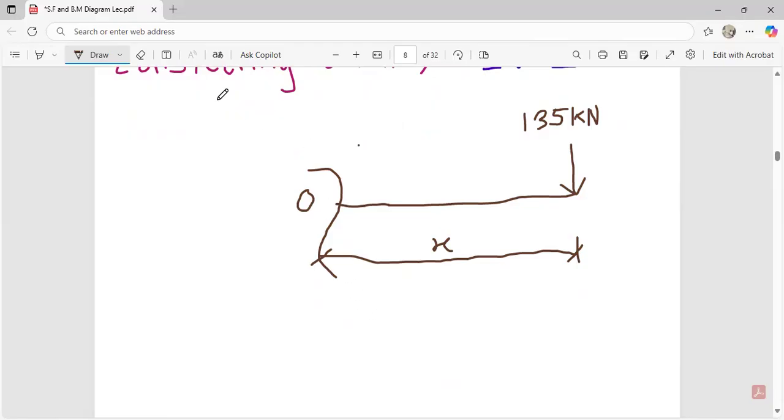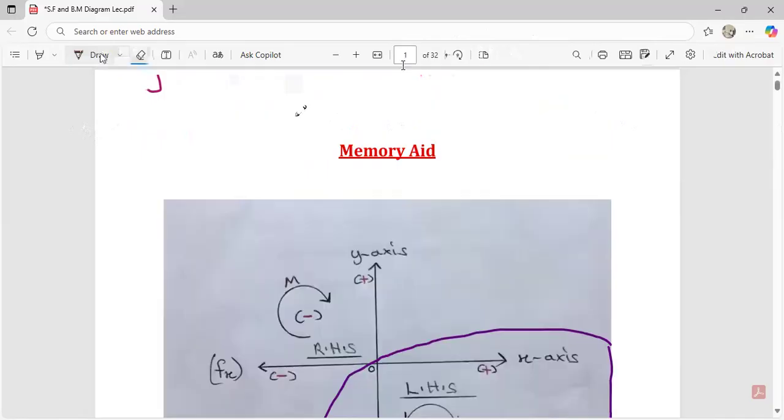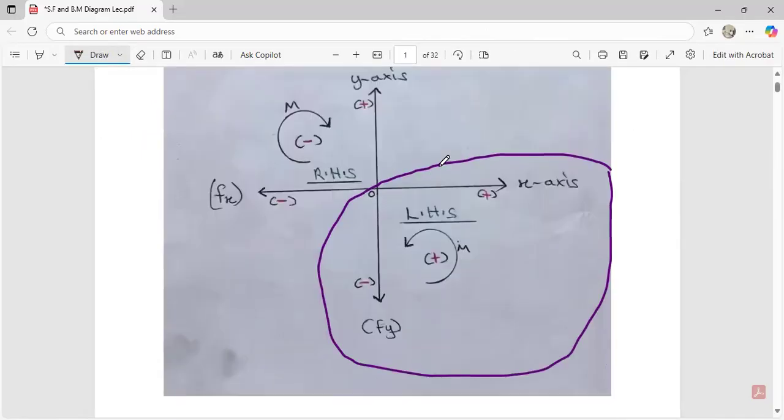What is the next thing we are supposed to do? We're only supposed to come and put, let's move to 1. So you see that the first time we took the left hand side.